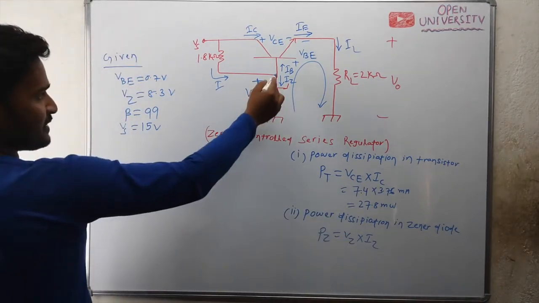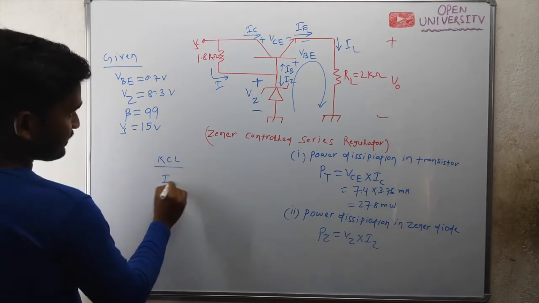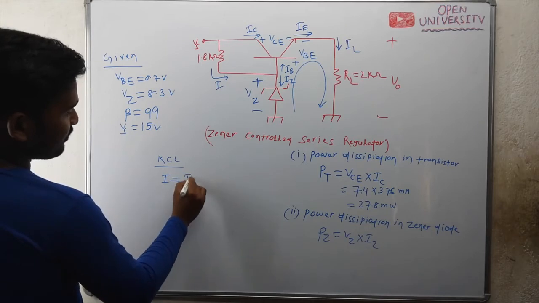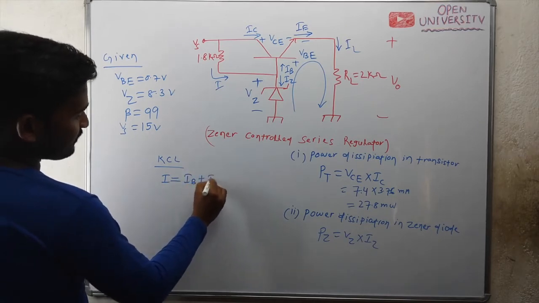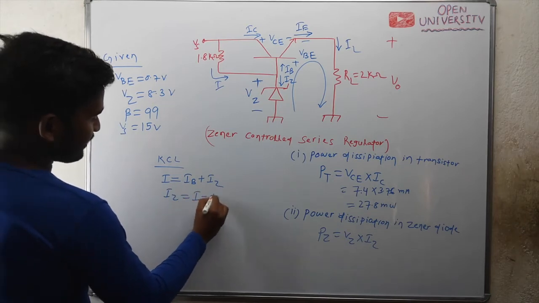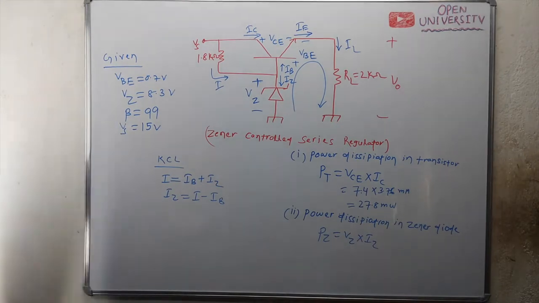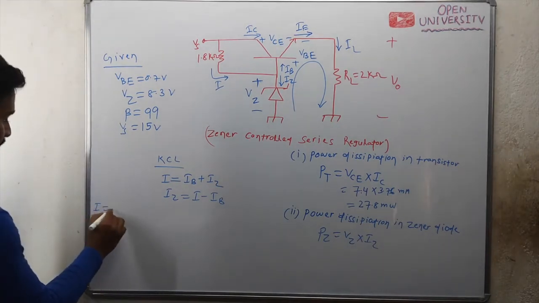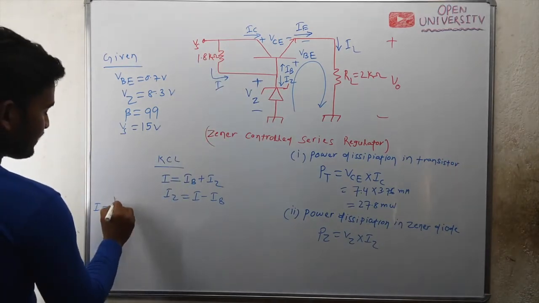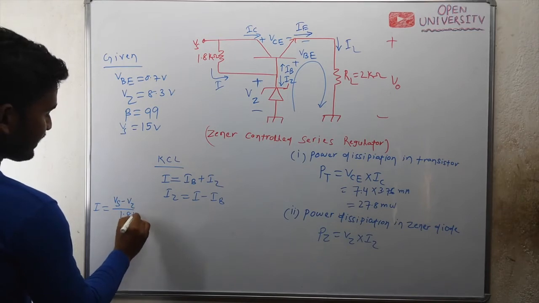If you apply KCL at this node, I is incoming, equal to IB plus IZ. Then IZ will be equal to I minus IB. What will be I? I equal to Vs minus Vz divided by 1.8 kilo ohm.